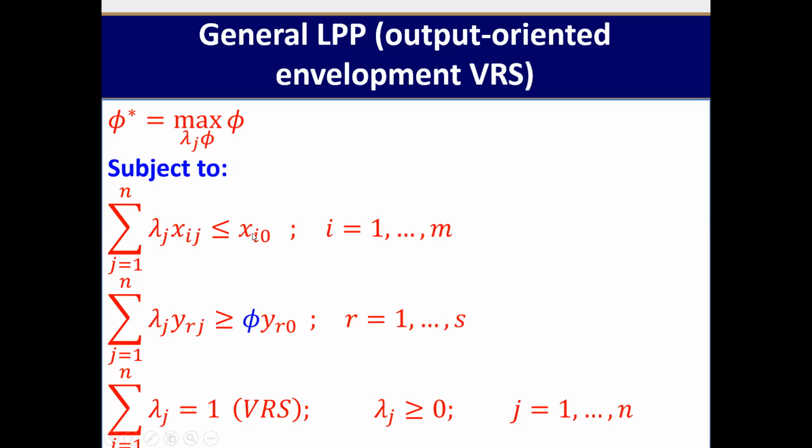So let's say a particular firm, say firm A, and this is its current input. And this Y_r0 here is its current output. Are you with me so far?